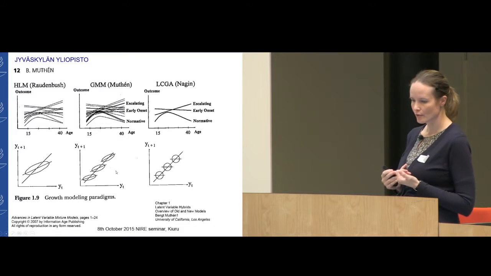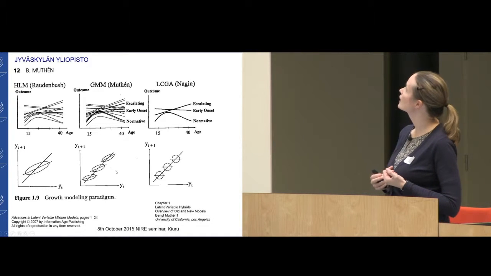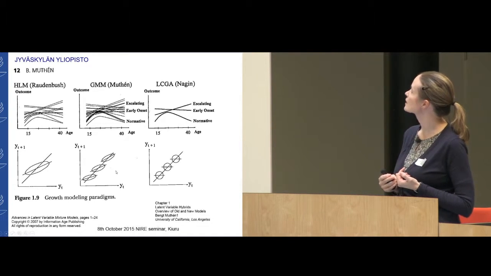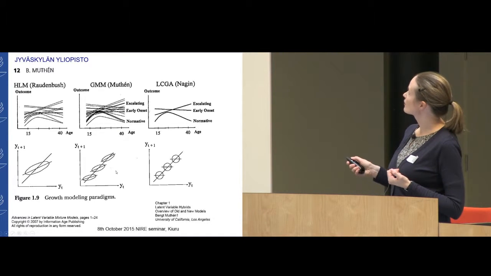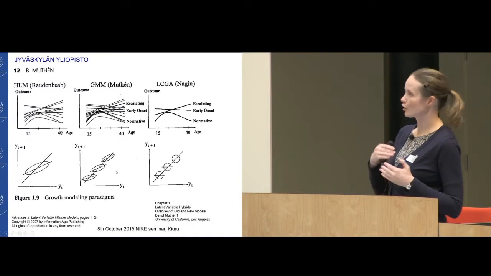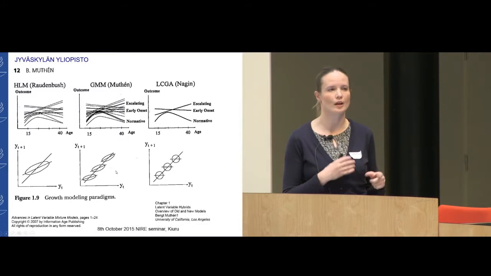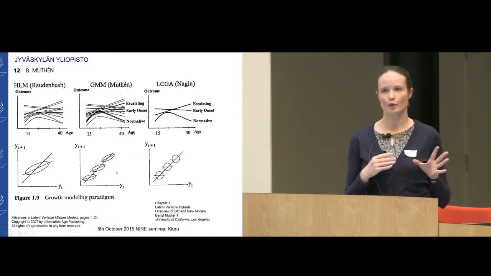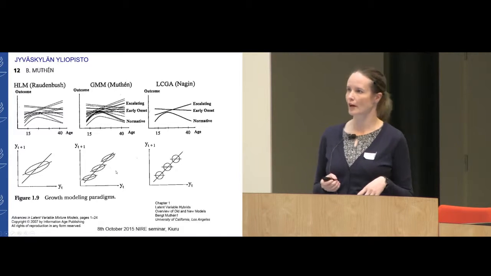Well, then Nagin's approach, that we are interested in different trajectories, for example, in drinking across time, across age. But then after taking into account these different trajectories, it's assumed that after that, all the variance that is left is just error.